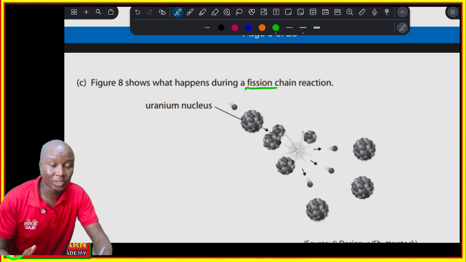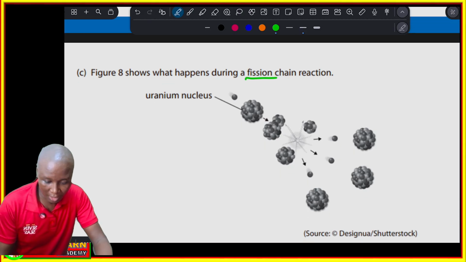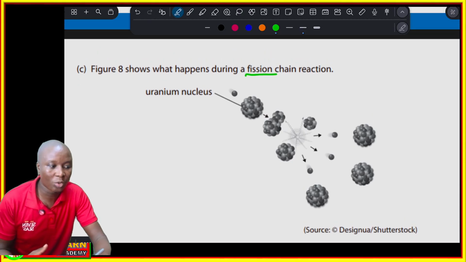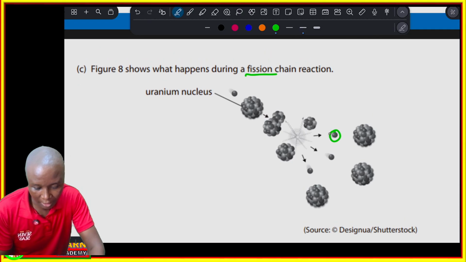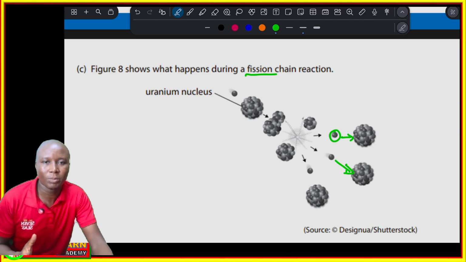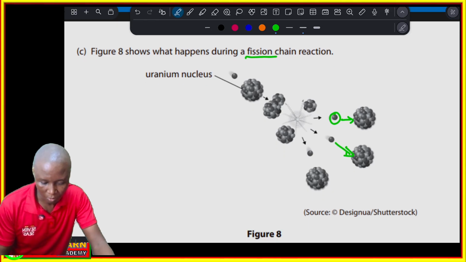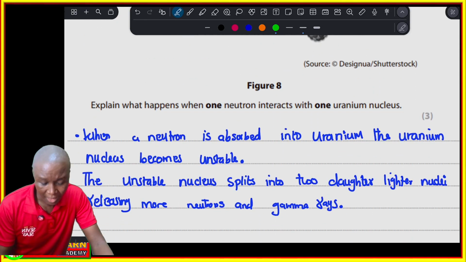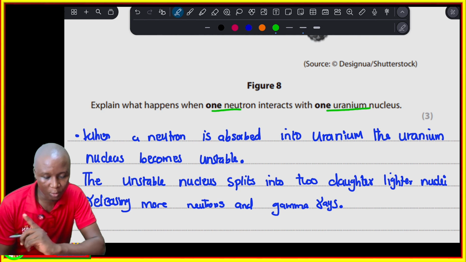In the process, extra neutrons are produced, which are going to react with other uranium-235. Again, this is going to split, which means that the process is going to continue endlessly and becomes a chain reaction. So we're supposed to explain what happens when one neutron interacts with one uranium-235.